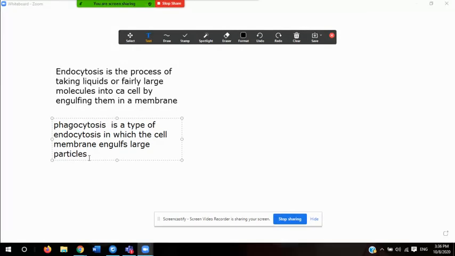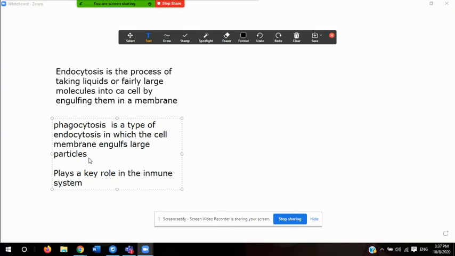Basically, and this is very important, it plays a key role in the immune system. We have cells called macrophages, and what these macrophages do is they basically eat up bacteria and destroy them.